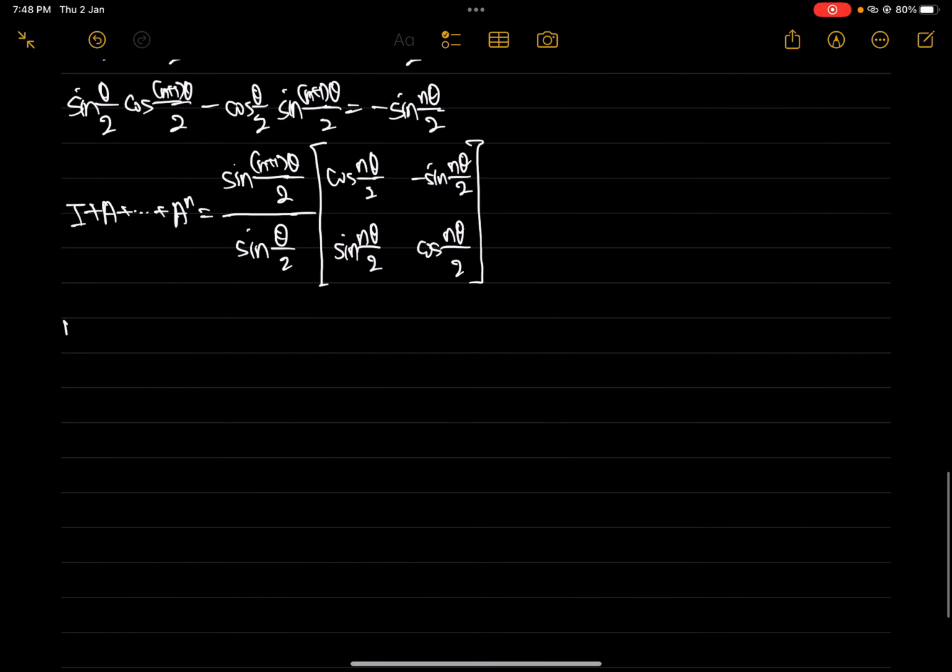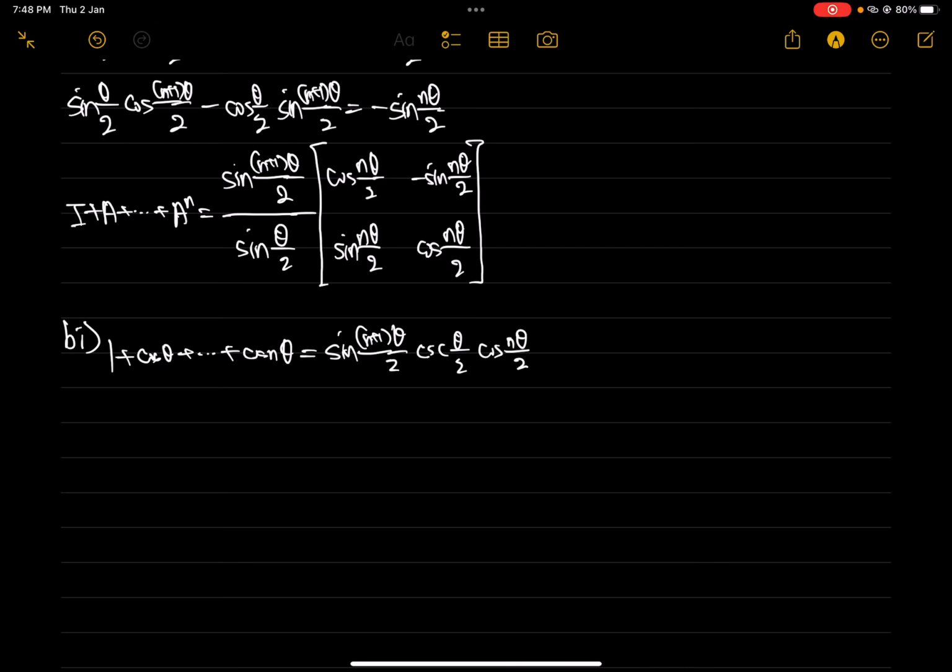So obviously, we have the sum of cosines, plus 1, to cosine nθ is equal to sine of (n+1)θ/2 cosecant θ/2 and then cosine nθ/2.